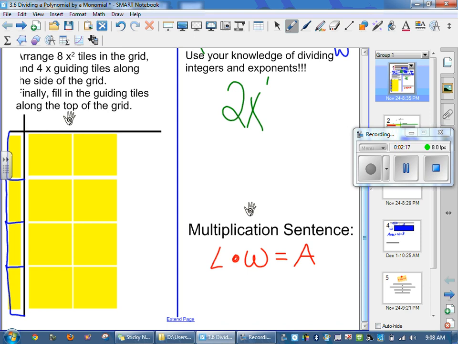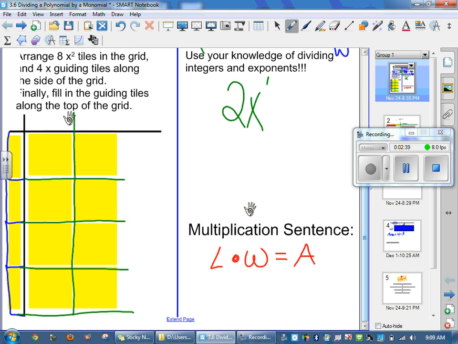Now take your lines to the right. We're going to draw the lines to the right, all the way across. Now, we've always started from the top and pulled down. Now we're going to start at the bottom and draw our line straight up into our answer part up here.